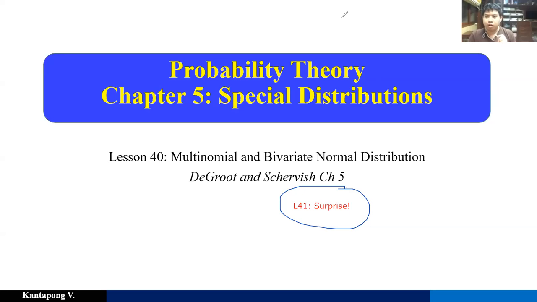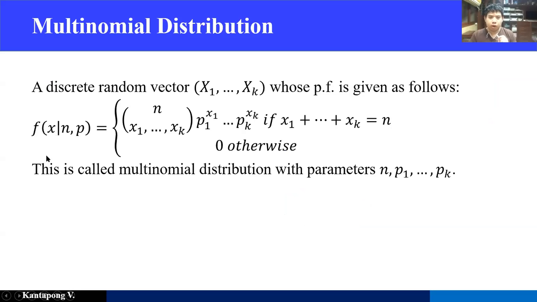Okay, coming back to our lesson, we are going to talk about the multinomial and bivariate normal. For the multinomial, we have x1 up until xk, with this kind of probability distribution. If you look at this carefully, it is the generalization of the binomial distribution, right?